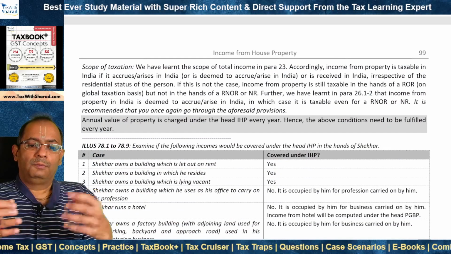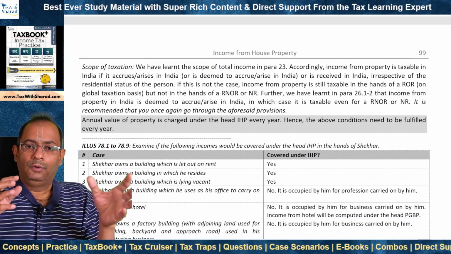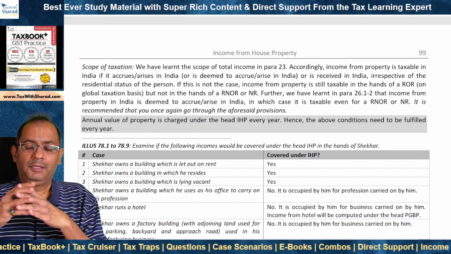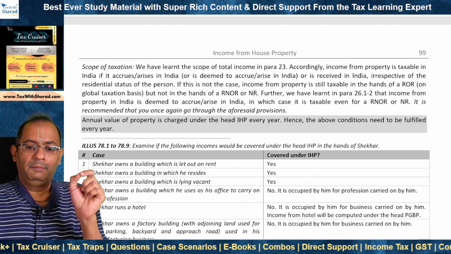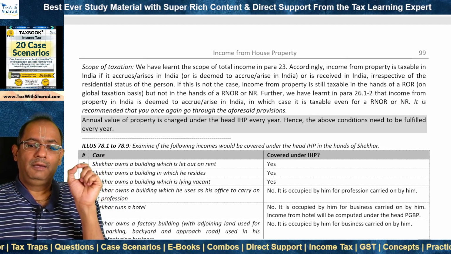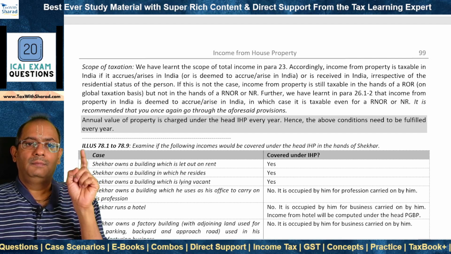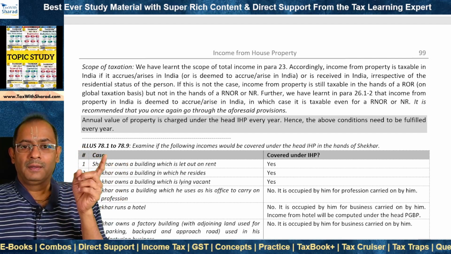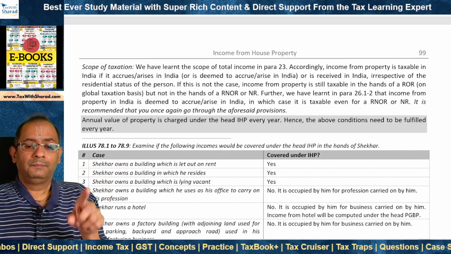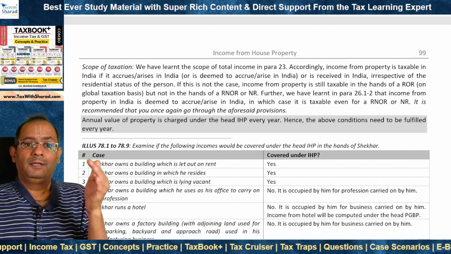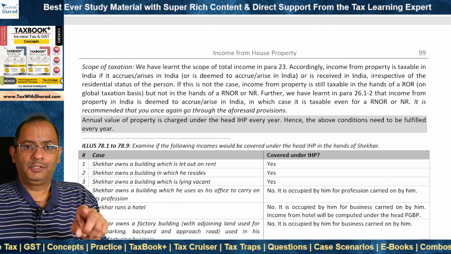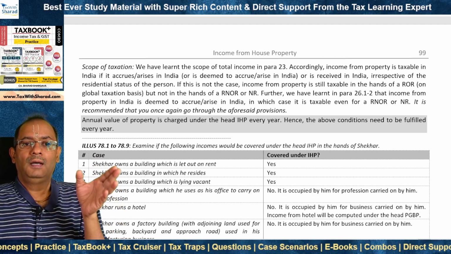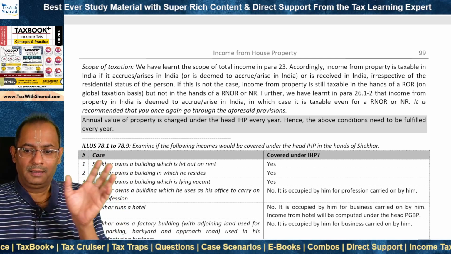Now, as far as the scope of taxation is concerned, we have already noted this in the video on residential status and scope of total income. And basically what we saw is if the income is Indian income, then it is taxable for all irrespective of the residential status. But if the income is foreign income, then it is taxable in the hands of ROR on global taxation basis, but not in the hands of a RNOR or a non-resident.